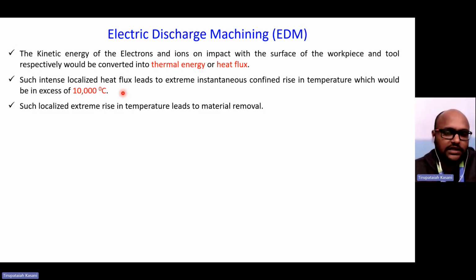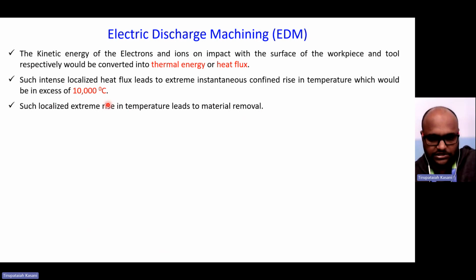See here how high the temperature is. Generally the room temperature will be in the range of 30 to 35 degrees centigrade. But here the temperature is 10,000 degrees centigrade. Imagine how high the temperature is. Such localized extreme rise in temperature leads to material removal.